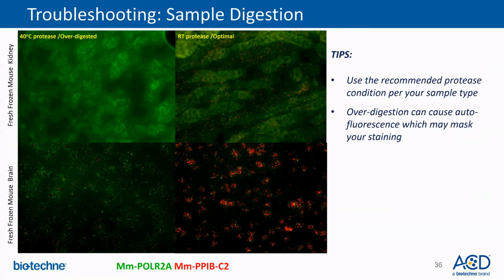However, when optimal protease and pretreatment conditions were used, you can now see a better signal to noise ratio, and you can now visualize the RNA molecules as punctate dots shown in the upper right panel. And similar is the case for the lower panel showing a fresh frozen mouse brain sample.